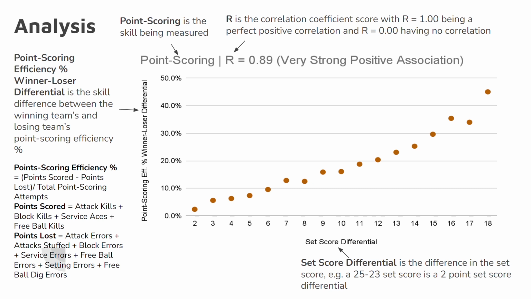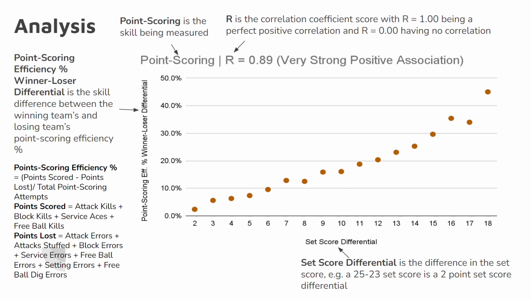You can see on the graph itself how there's almost a perfect straight line. The R score is 0.89, so it's a very strong positive association. The team with the higher point scoring efficiency will generally win the match, and the bigger the difference, the bigger the win in the set scores.